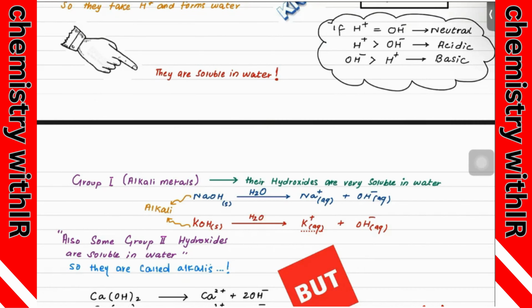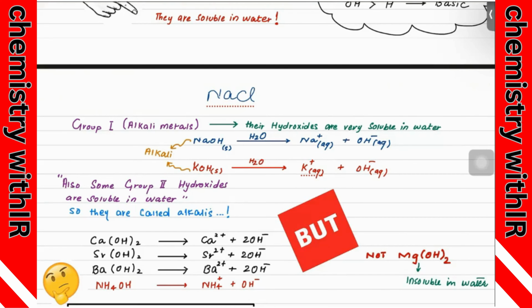It's sodium chloride, salt. Exactly. This is called the salt. It's neither acid nor base. Because it's not going to have any hydrogen, I can't say that this is an acid.